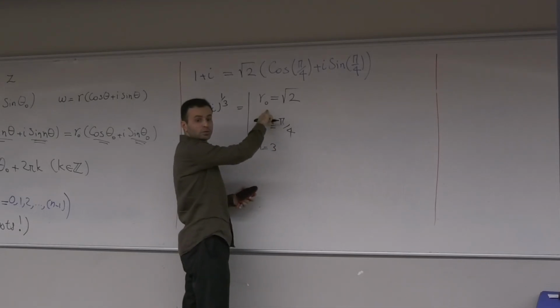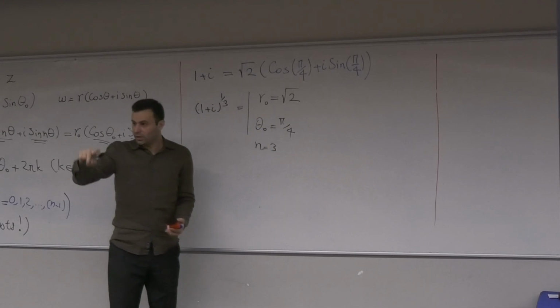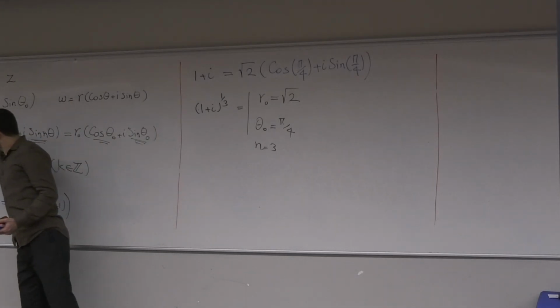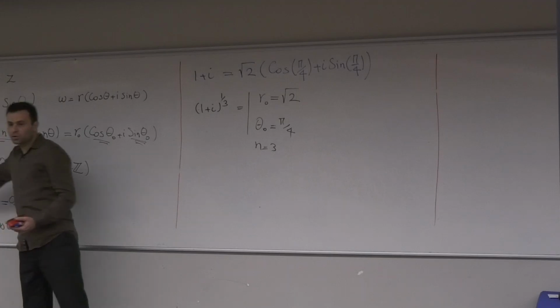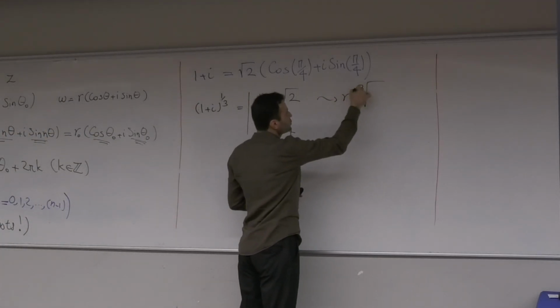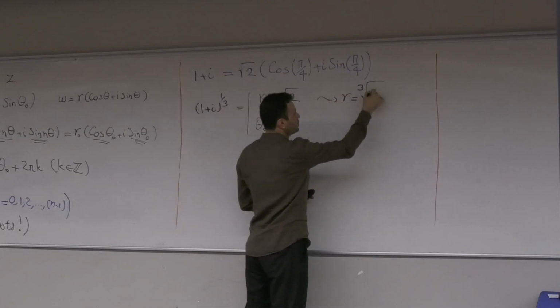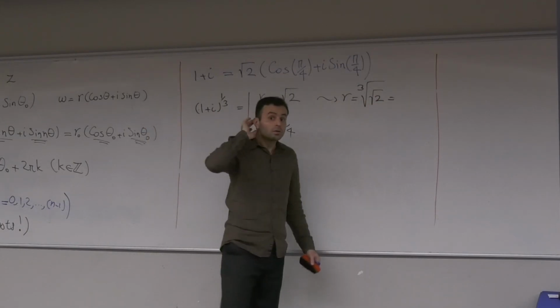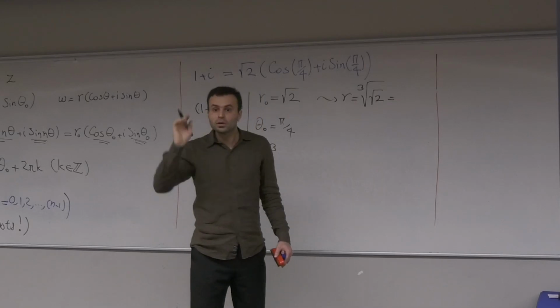If we are trying to find this r, what should we do? We were taking the nth root of this r0, right? So our r is going to be the third root of the square root of 2, which is what? 2 raised to the power of 1/6.